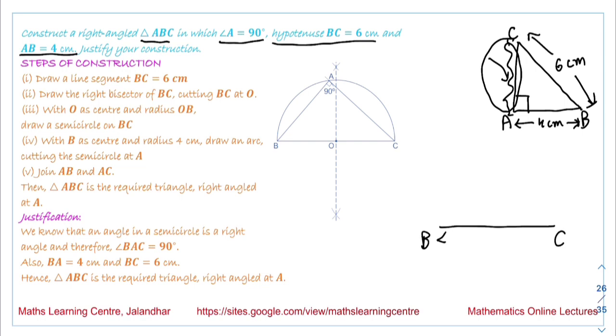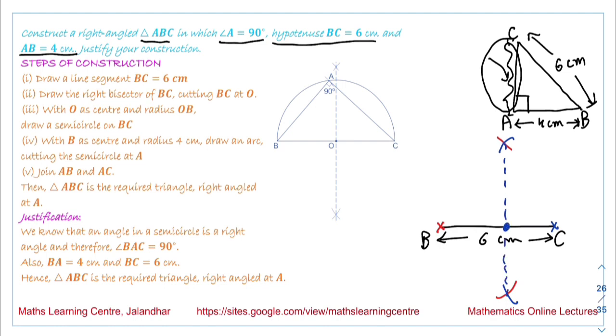We draw a line BC of length 6 centimeter. For this BC, we draw the perpendicular bisector. Perpendicular bisector means from B we mark two arcs over here, and by keeping the compass at C without changing the radius, we mark two arcs over here, and we draw this line over here.